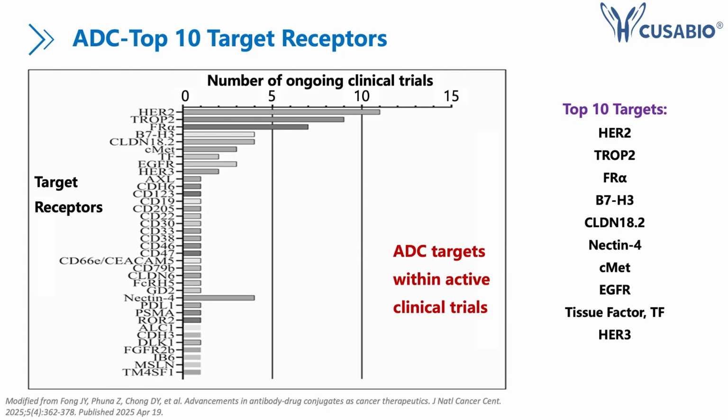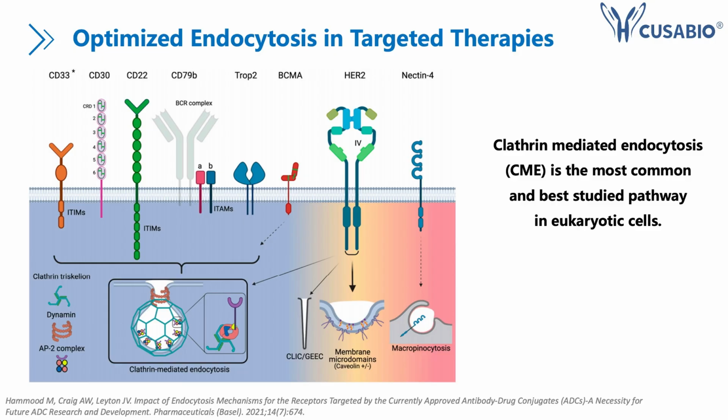And then, continuing, here is a summary of the endocytosis pathways, from research showing which endocytosis pathway some of the targets have. For the majority of them, as I mentioned before, CME is the most common and best studied pathway in eukaryotic cells.